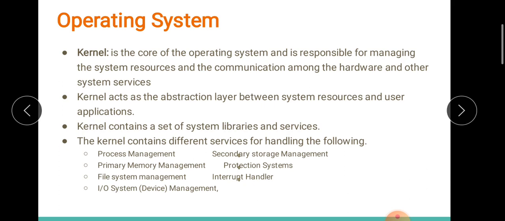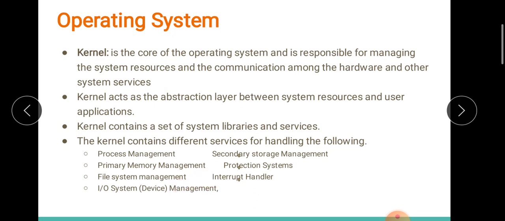So file system management is responsible for the creation, deletion and alteration of files. You can create files, delete files, and alter files. Everything related to files is handled by the file system management. Right?